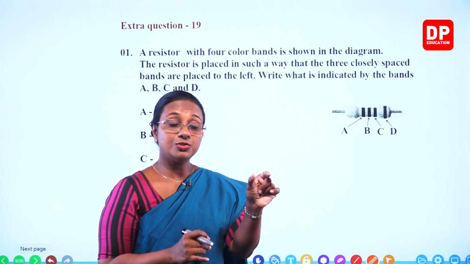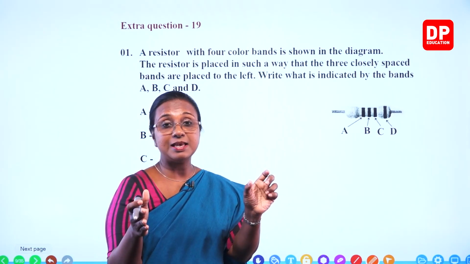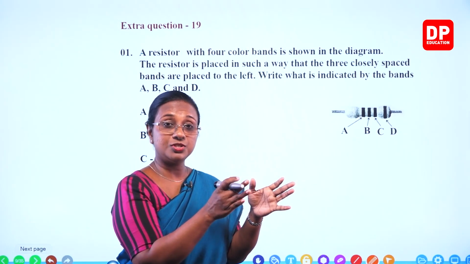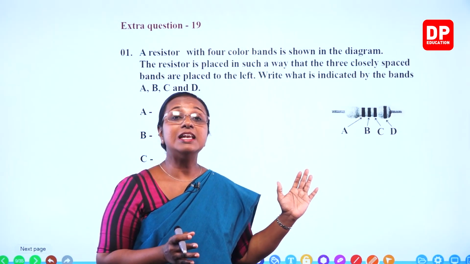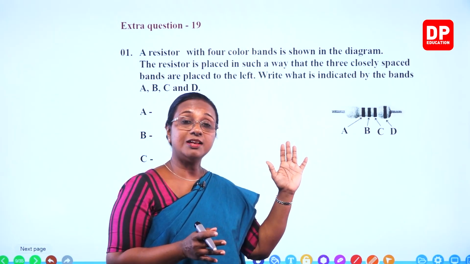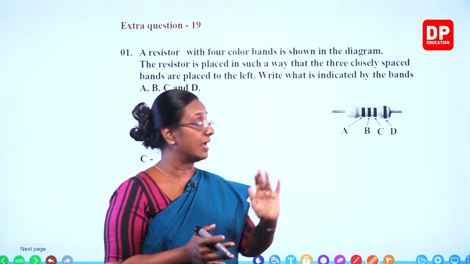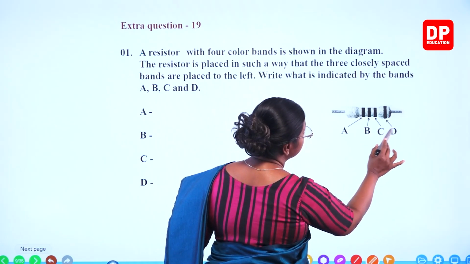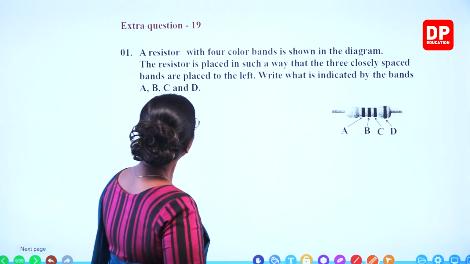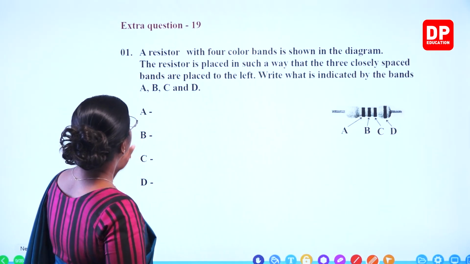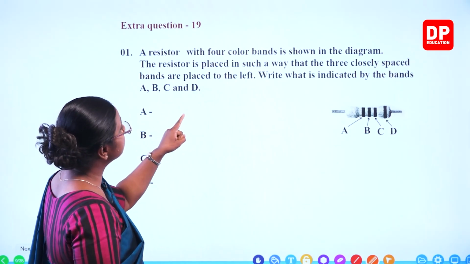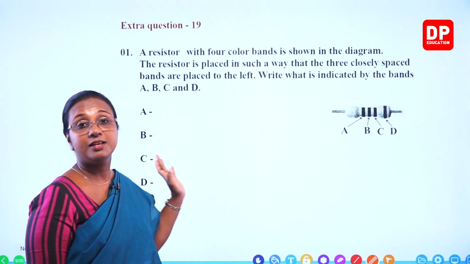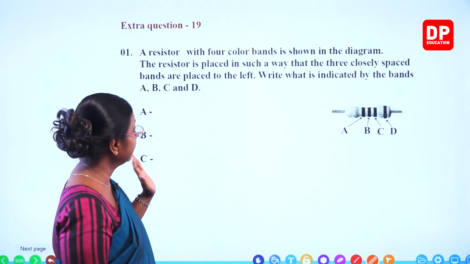That's how we look at the resistor. 3 bands are close to each other, and there's another band that is separate. So you have the 3 bands that are closer to each other on your left hand side. Then you start reading the colors from the left hand side, as labeled here, A, B, C, D. Now we'll look at the question. The resistor is placed in such a way that the 3 closely spaced bands are placed to the left. That is what I explained now.